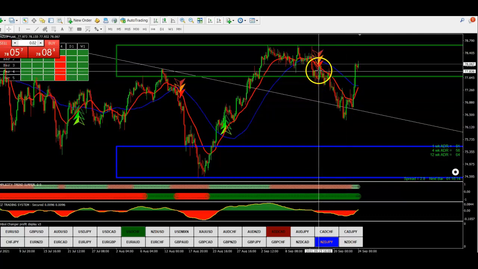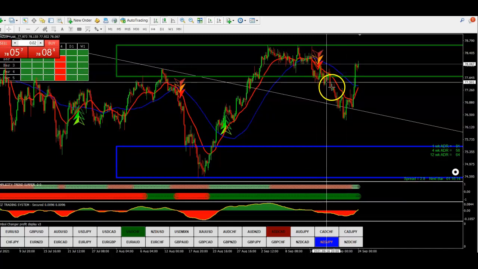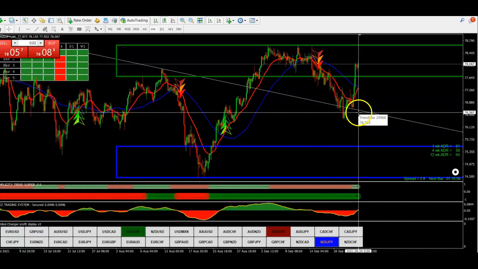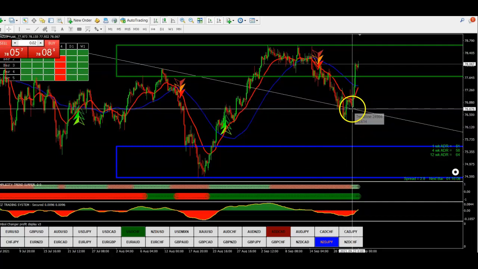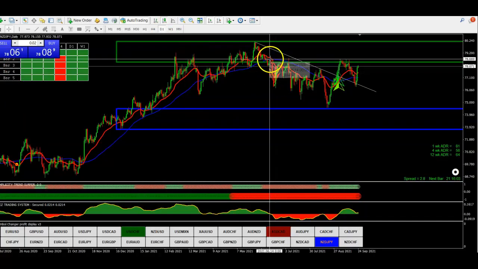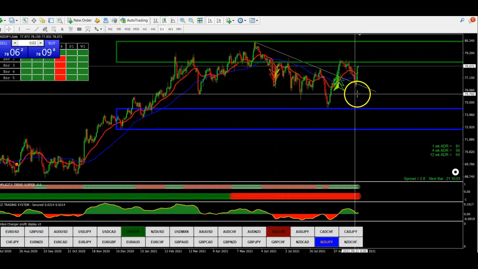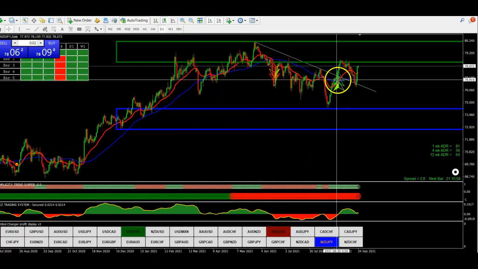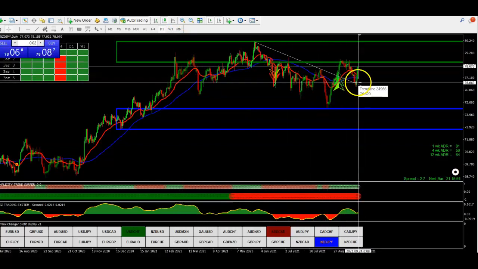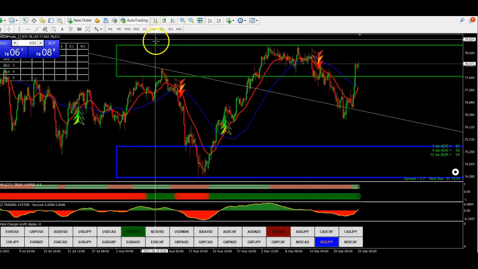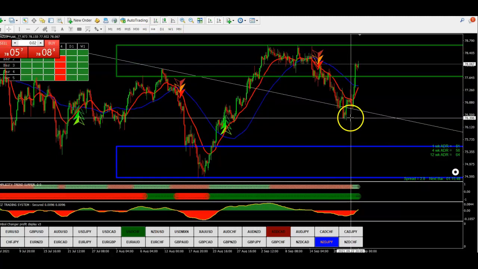Okay, look, I was going against the 4 hour. Okay, but my analysis was telling me something different. Look at the daily trend right there, and the daily was telling me, you know what, this is going to go up, and that is the trend line I entered right here. I know it's a little bit complicated, especially if you're new to trading.